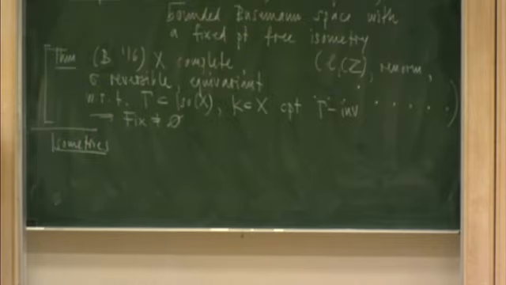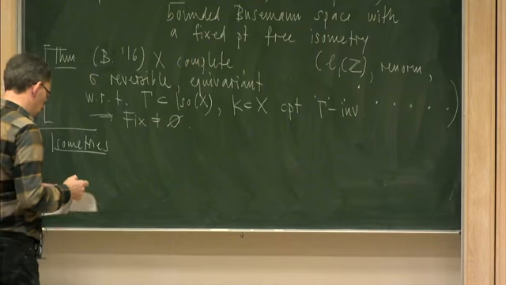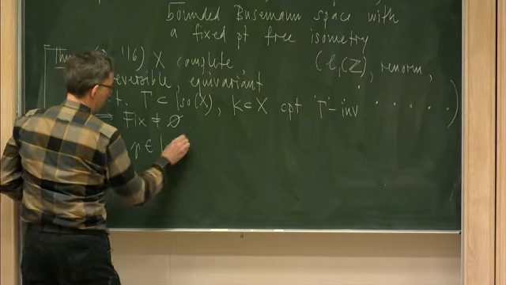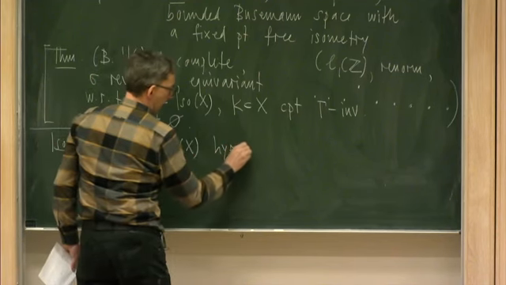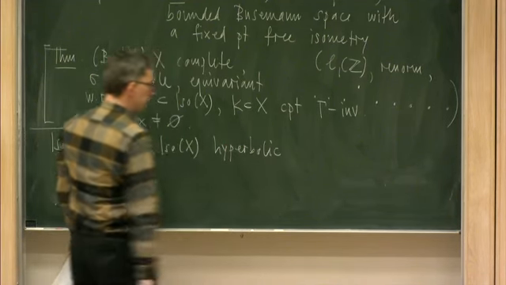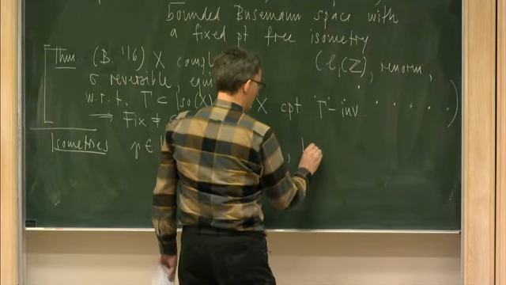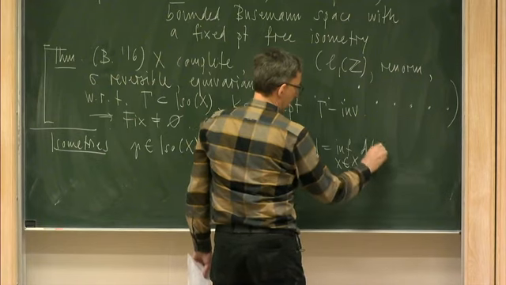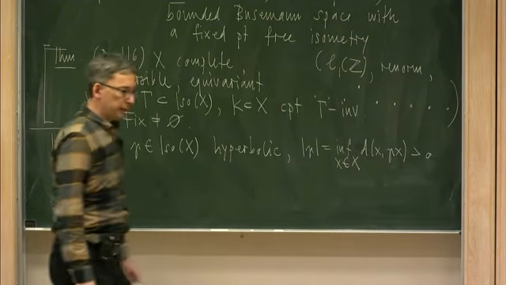Well, let's look at the usual classification of isometries, but now for spaces with bicombings. So, take a hyperbolic isometry. This means that the translation length is positive, and the inf is attained, right?